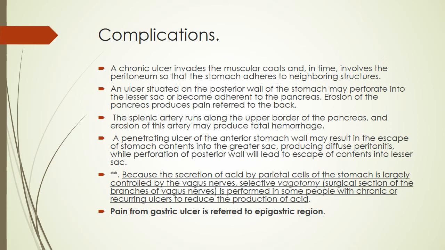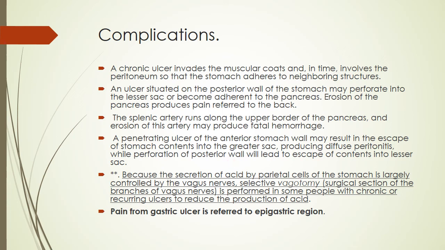Then penetrating ulcer of the anterior stomach wall may result in escape of contents into greater sac. Please remember, perforation of anterior wall will lead to escape of contents into greater sac and cause diffuse peritonitis, while perforation of posterior wall will lead to escape of contents into lesser sac.